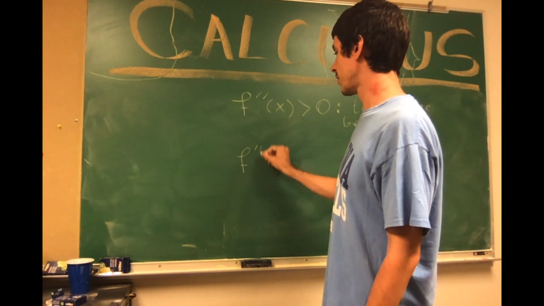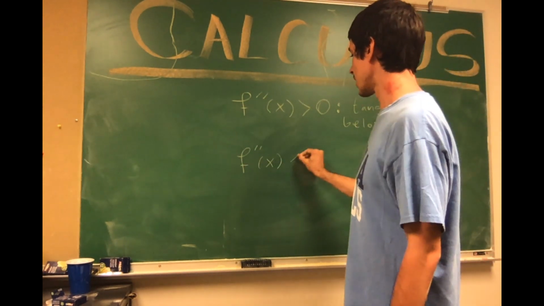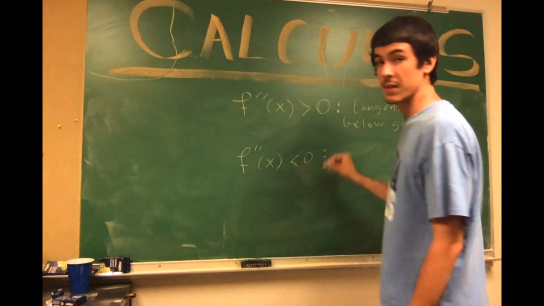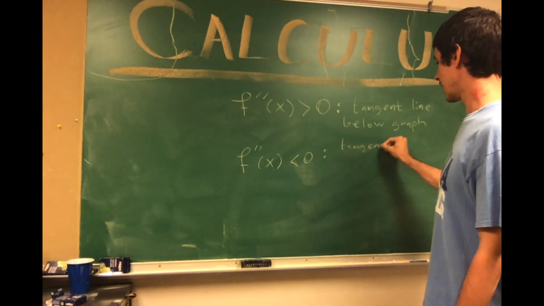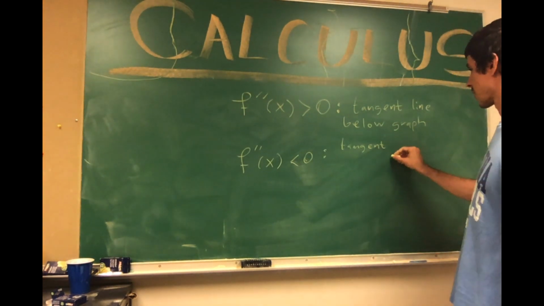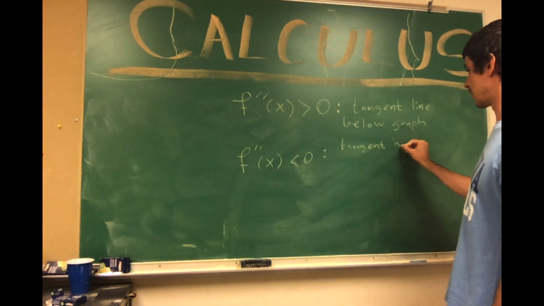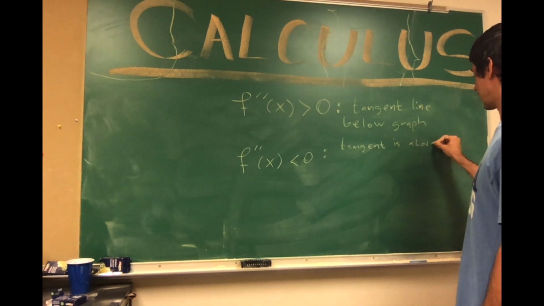The second derivative is less than 0, and the tangent line is above the graph.